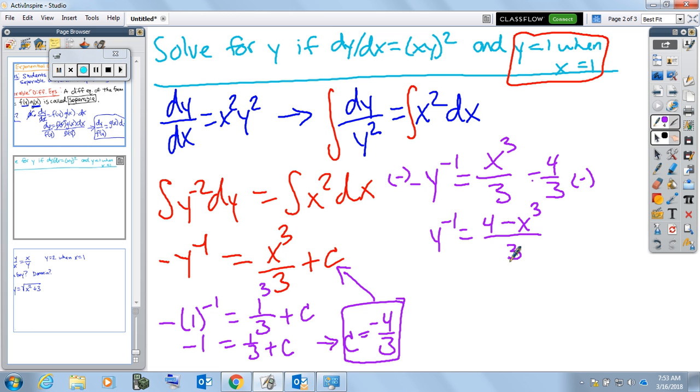Well, now I have y to the negative first, but I need y. So remember, y to the negative first just means the reciprocal. So I will swap these out and get y equals 3 over 4 minus x cubed, and that is our function for y.